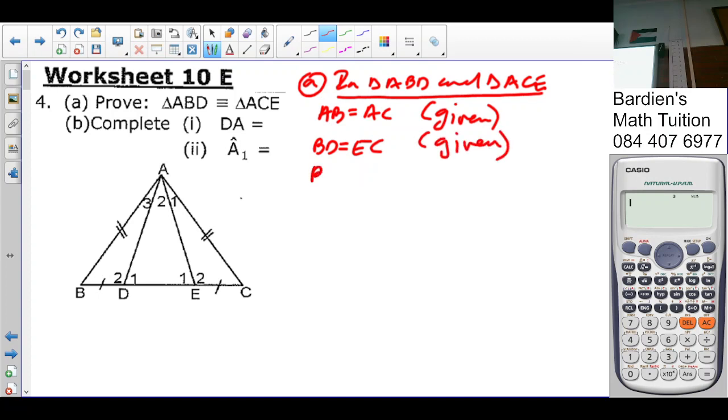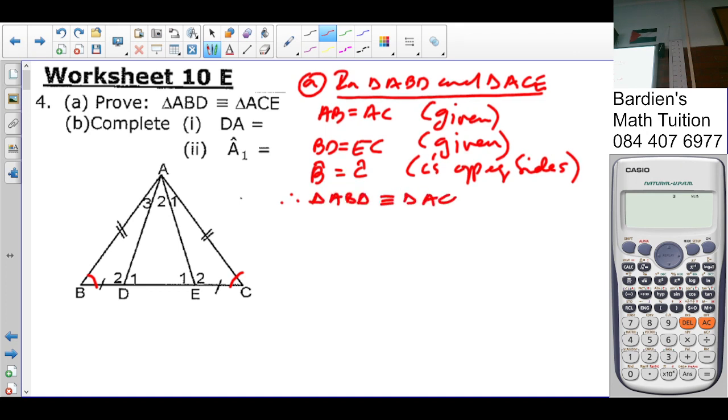Last case we say that angle B is equal to angle C. Why? Because that's angles opposite equal sides. So therefore, triangle ABD is congruent to triangle ACE. Why? What case of congruency is this? Side, angle, side.